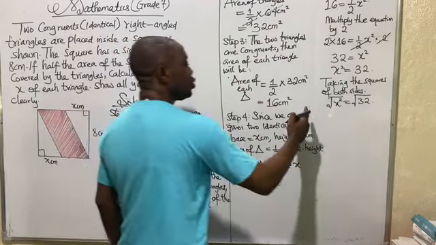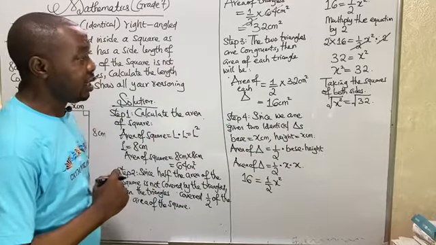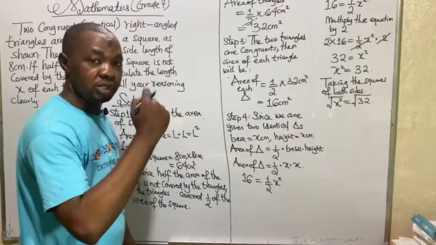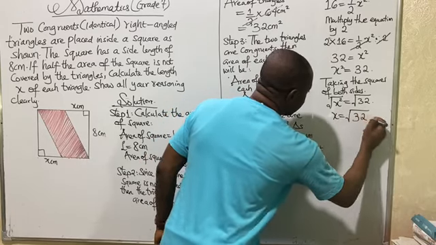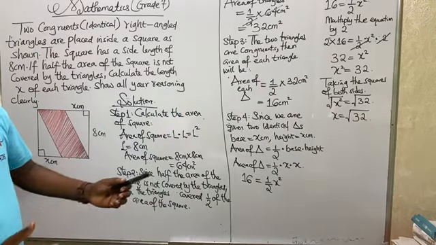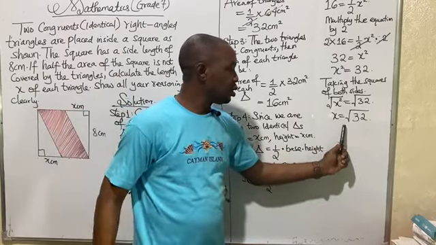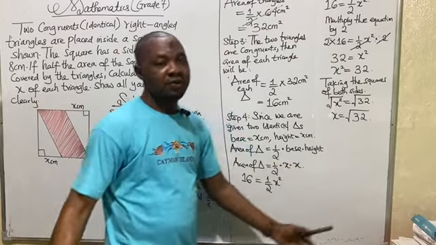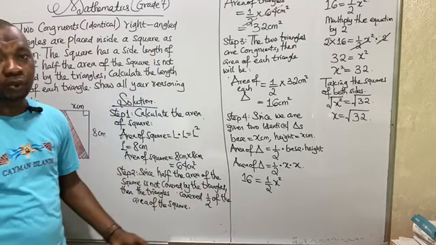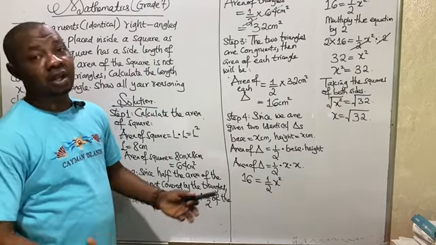When we take the square root of a squared entity, the power will disappear. So what we have here is x equals the square root of 32. Now this can still be simplified, because here we have a surd, or a radical.